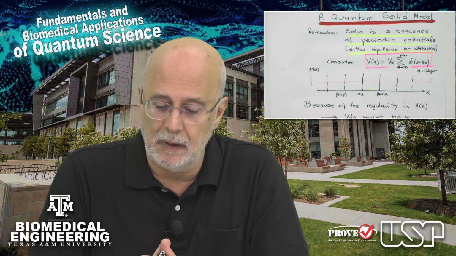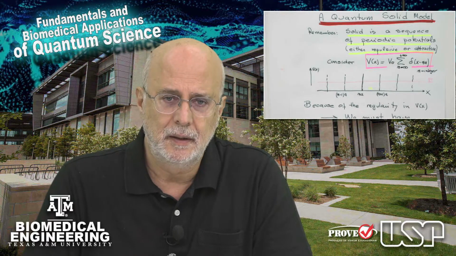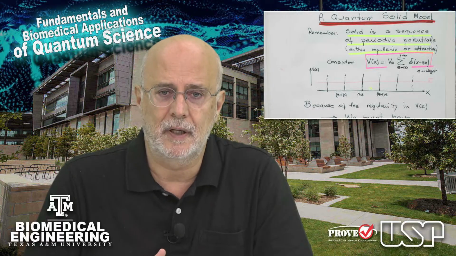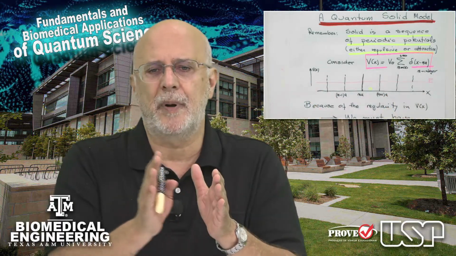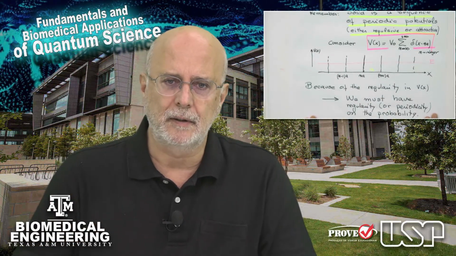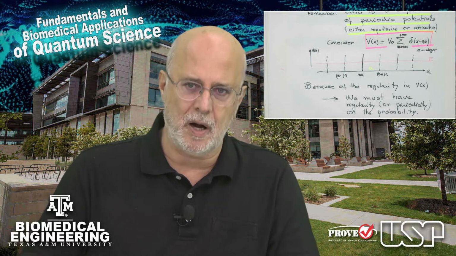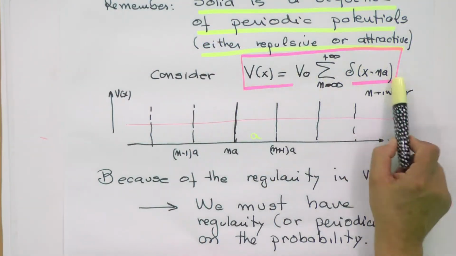And this regularity of the potential is what characterizes the solid. It's very common in science, in biomedical applications, to have periodical structures that somehow look like a periodical potential, like this.